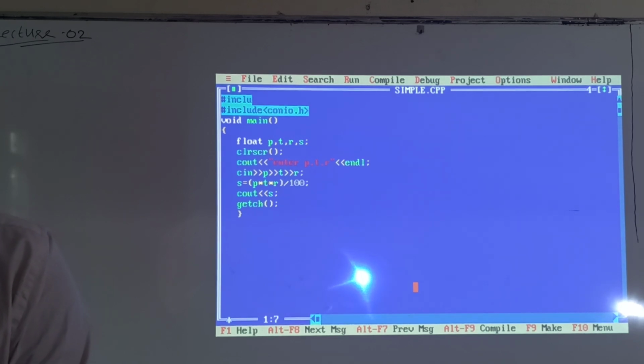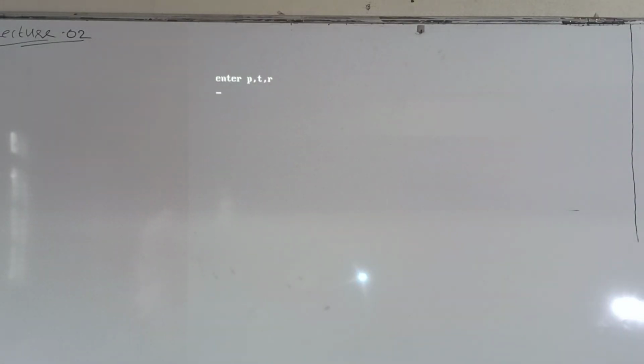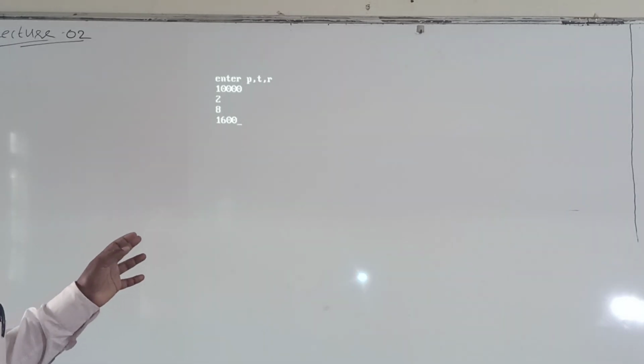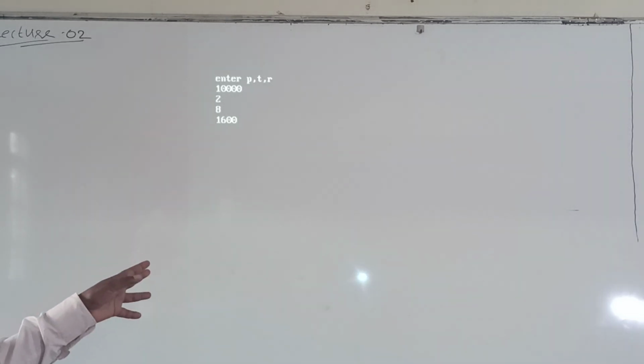Hash include iostream.h. Alt F9, Control F9. See here, 10,000, enter, time is 2 years, rate of interest 8. 10,000 into 2 is 20,000, 20,000 into 8 is 1 lakh 60,000, 1,60,000 divided by 100 means you will get 1600.